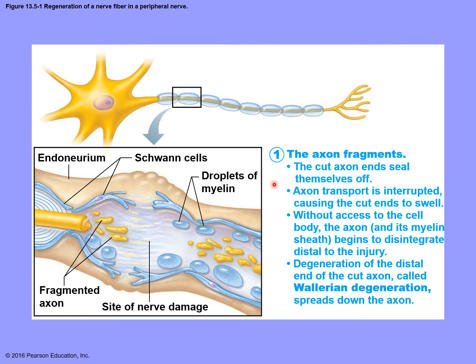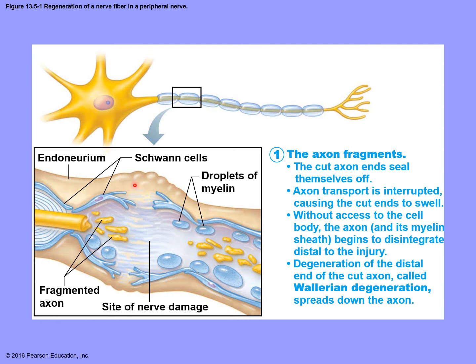It's a multi-step process. First, you've got those axon fragments. So you've had a break right here. The cut axon basically seals itself off. So you're going to have sealing. This is right around where you would have had that myelin sheath. The yellow is the axon itself. You can see it's been cut. It has been damaged.